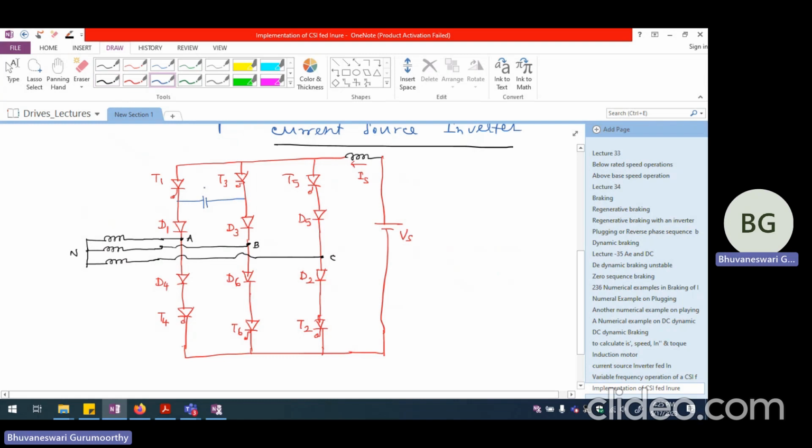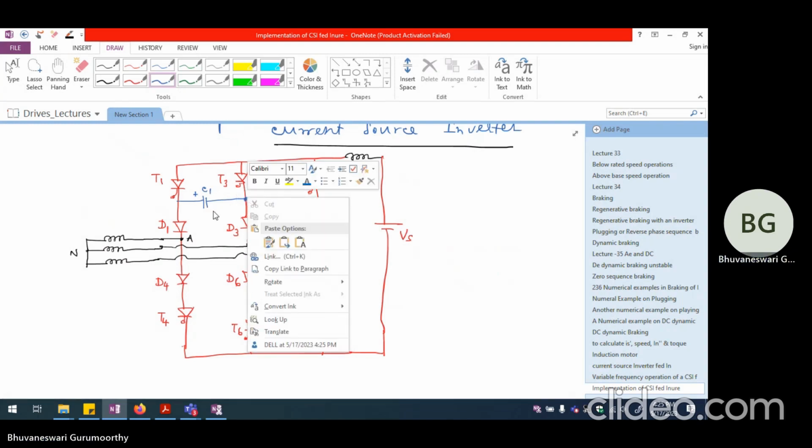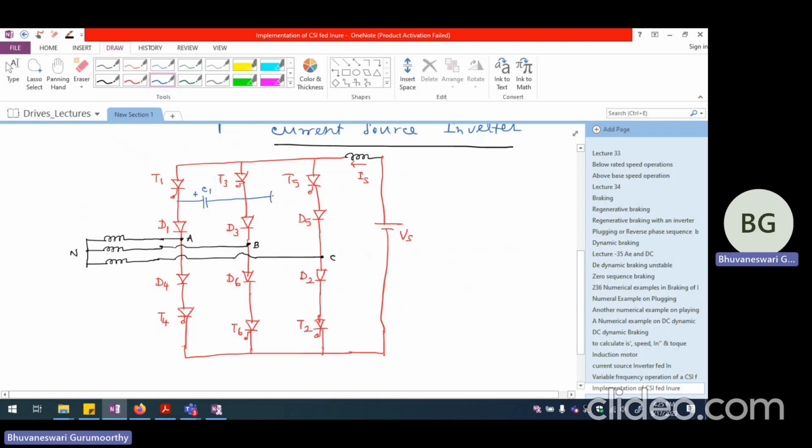So let us say this is C1, maybe charged with plus here and minus here. And this is going to be C3. And let me call this as C5.